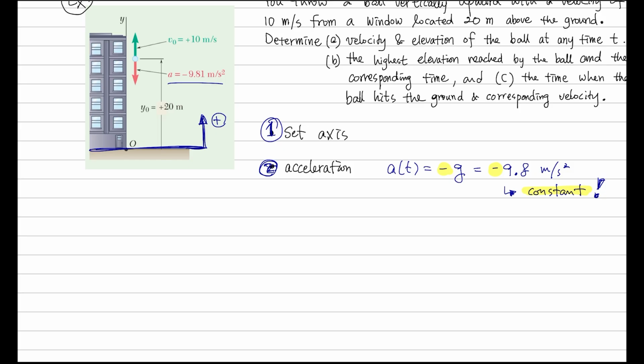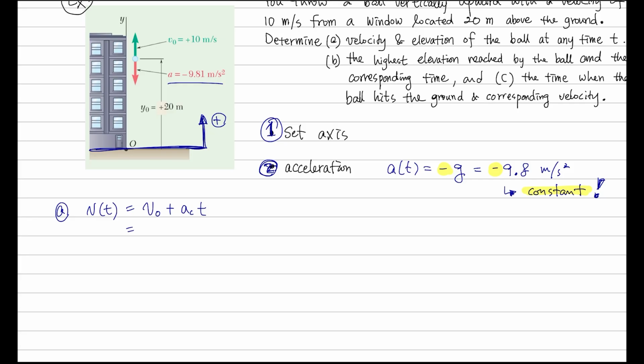So it's asking us to find the velocity and elevation of the ball at any time t. So I'll have to find the velocity, right? The velocity is v naught plus a constant times t from that equation. And what's going to be our v naught?